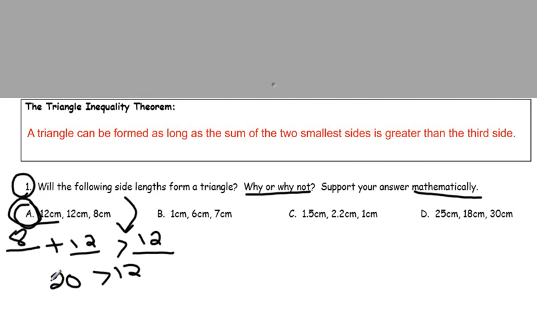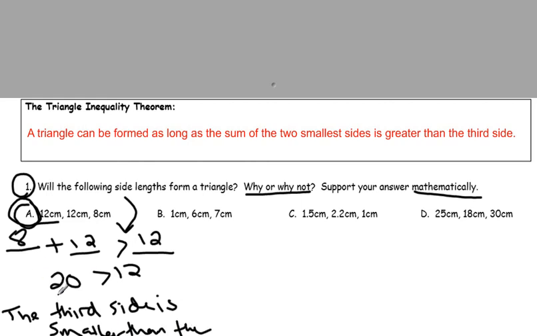Why or why not is because the third side is smaller. See, 12 is smaller than the sum of the two smallest sides. And that's why it forms a triangle.